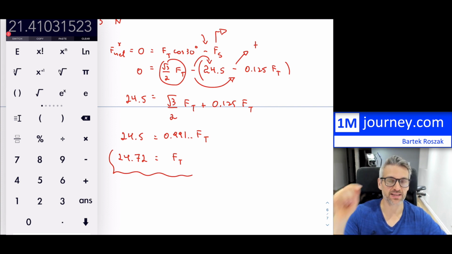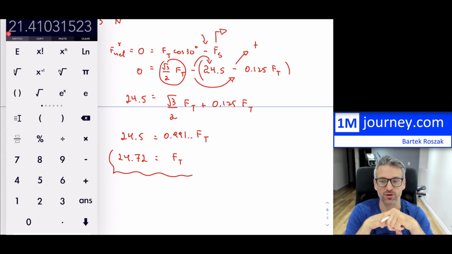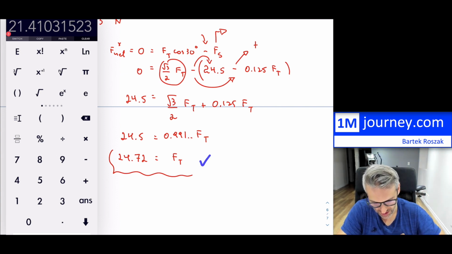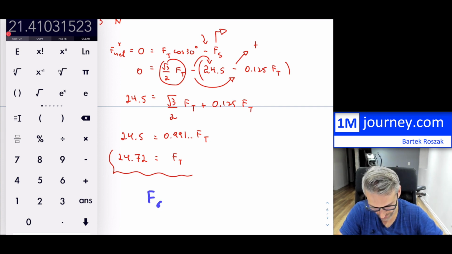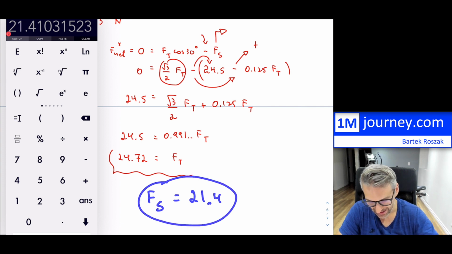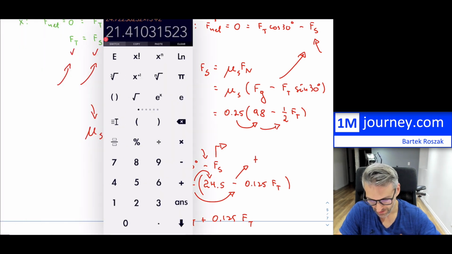And that should make sense to you because you're pulling upwards at an angle. So your force of tension is very close to it, but clearly your static friction, which is approximately 21.4, is definitely less than what it was before.